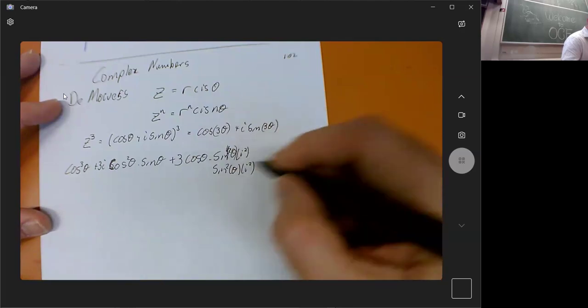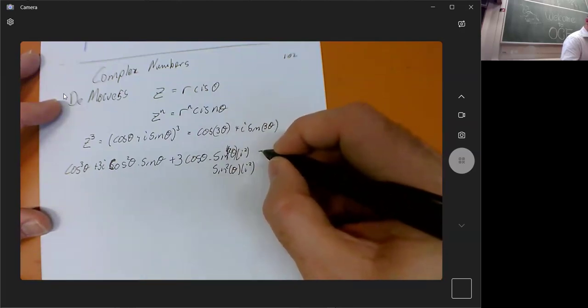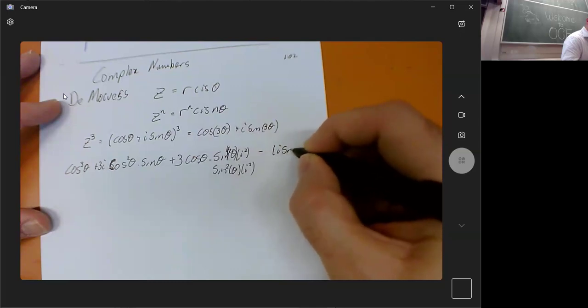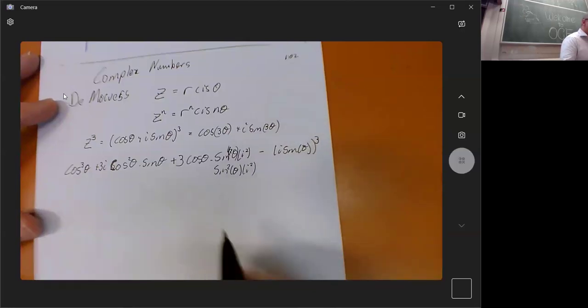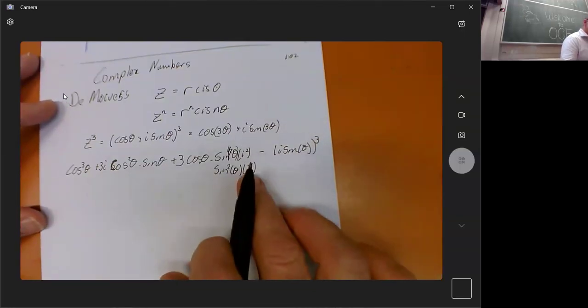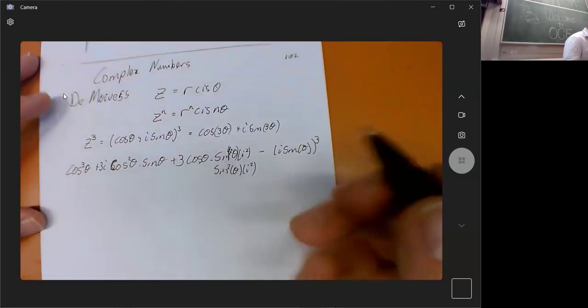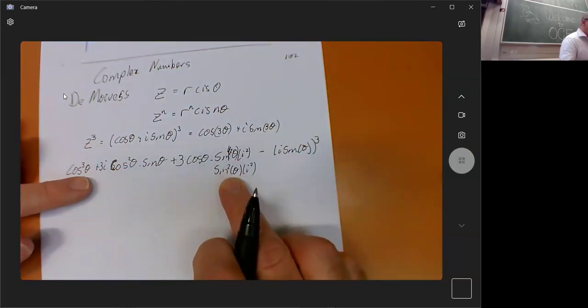The reason I want to do that is I want to make sure that I get i sine cubed theta, so that's going to become a -1. Those are the real components.